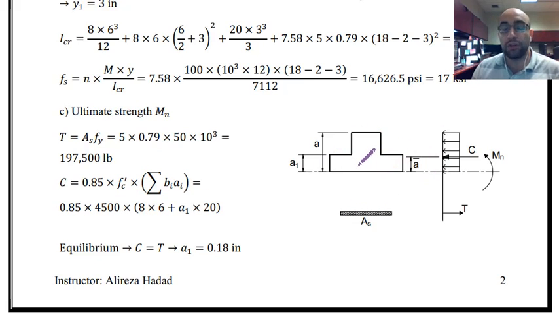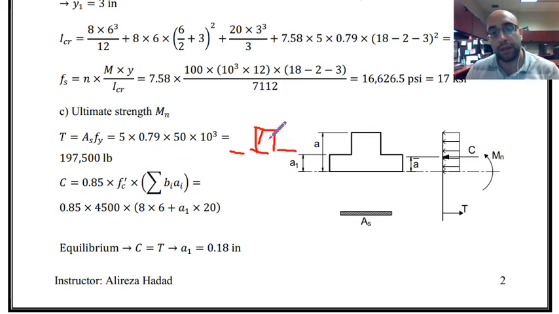The area, as you can see, because of the configuration of the section, is one rectangle at the top, and this smaller rectangle at the bottom. The thing is that since we don't know the depth of compression block, we don't know if this line is extended to the bottom rectangle, or it might be a situation like this, just having a portion of the top rectangle, and maybe just that area would be large enough to balance the tension force that we have over here.